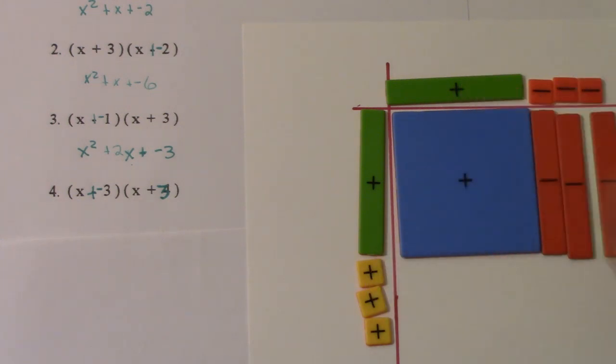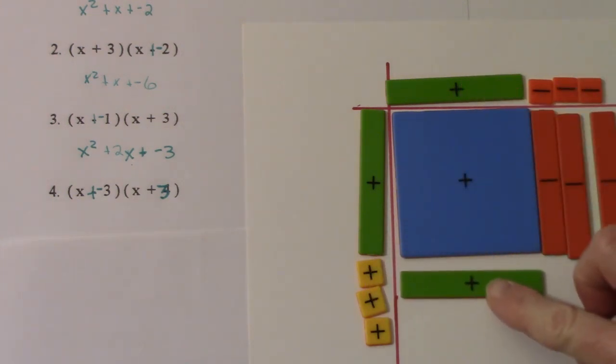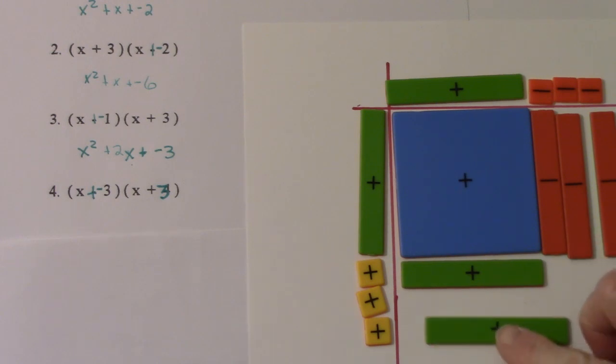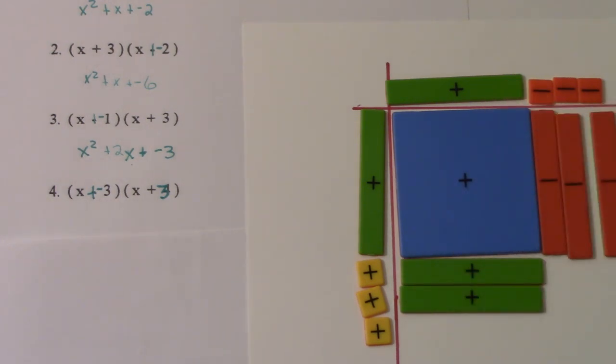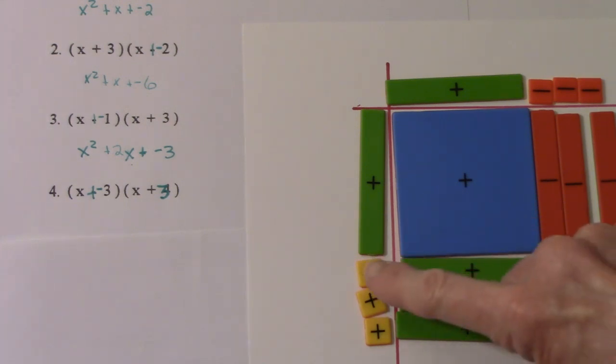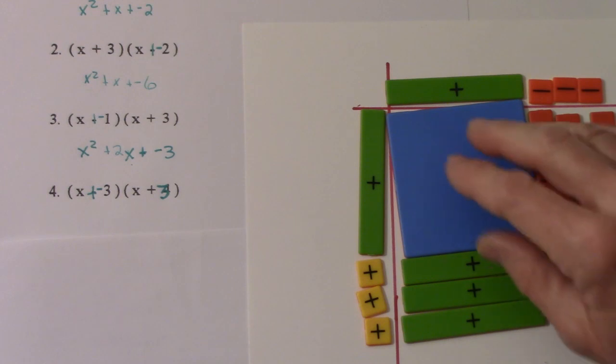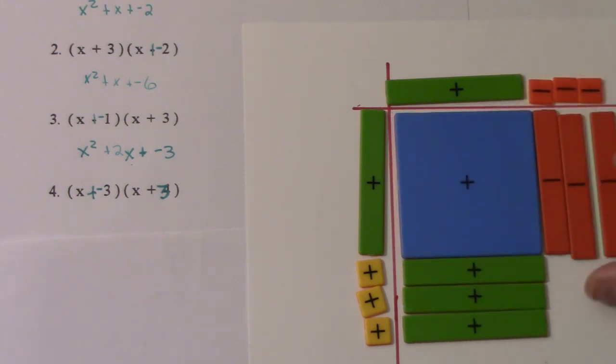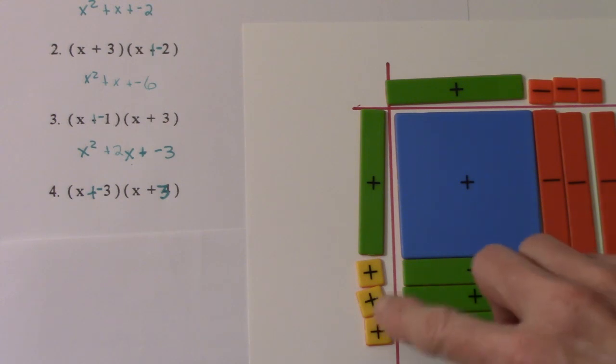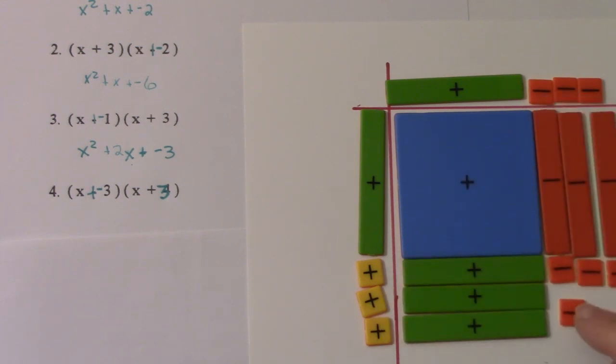Now positive 1 times x is +x, and another +x, and another +x. And a positive 1 times a -1 gives me a negative. I'm going to do that again. So all the positives times the negatives give me a negative.